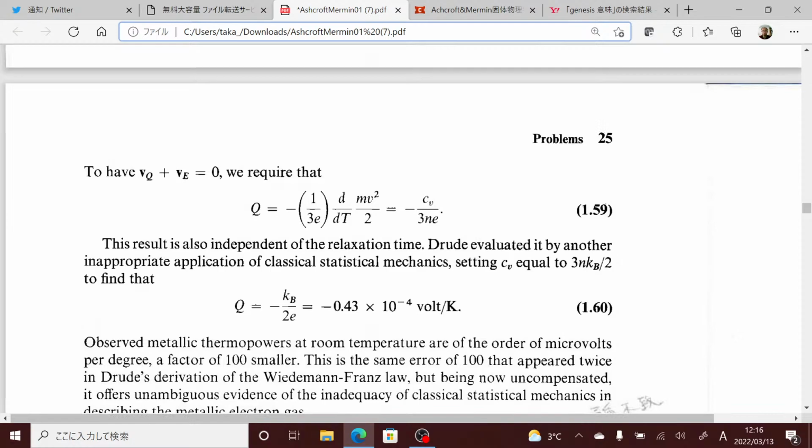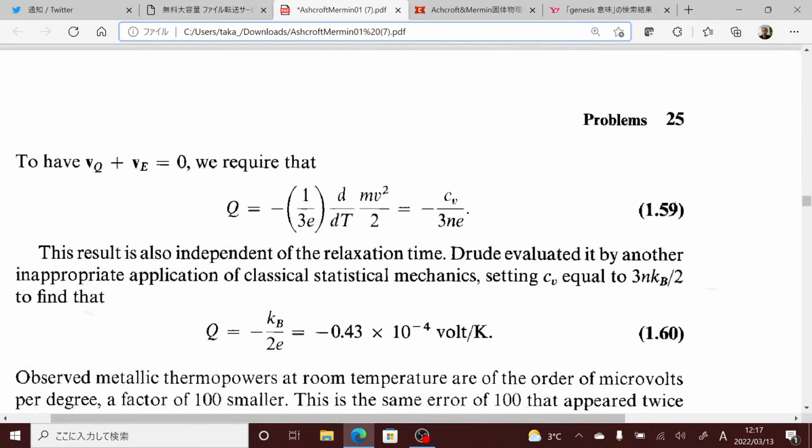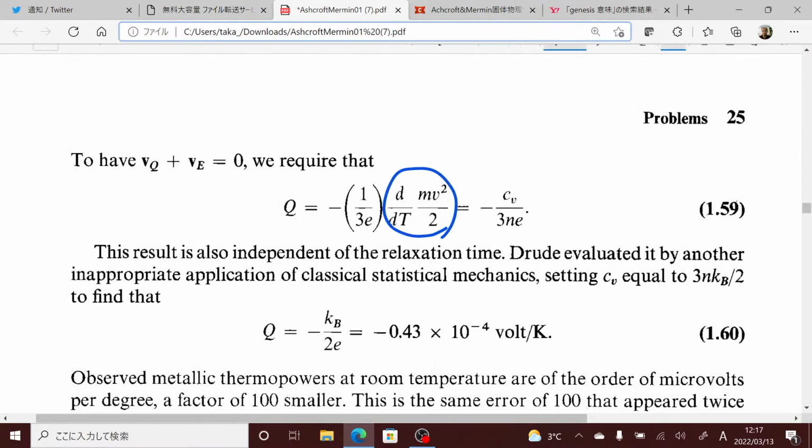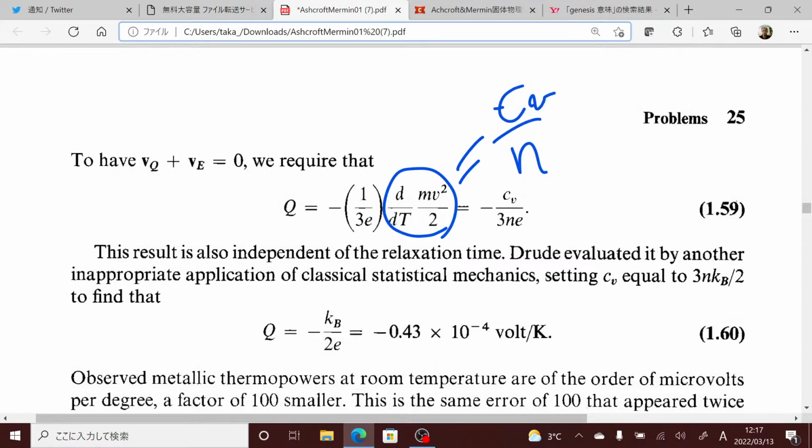Then, I think, okay, so this thing equals n c_v. This result is also independent of the relaxation time.